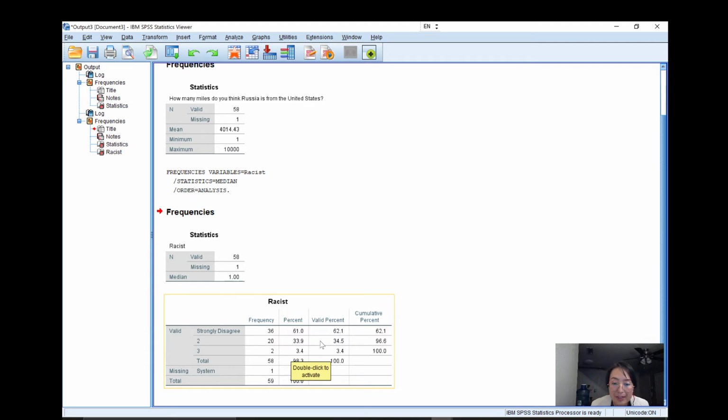And as you can see, this is definitely a good way to use as a central tendency for responses like this.